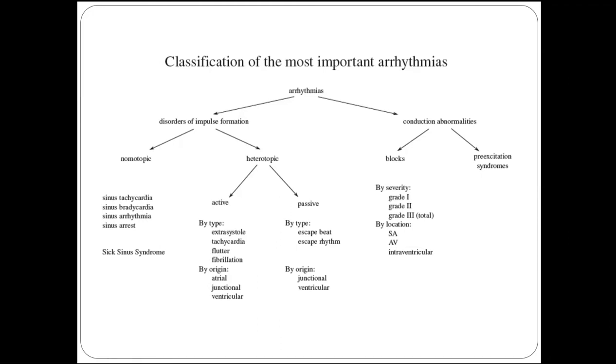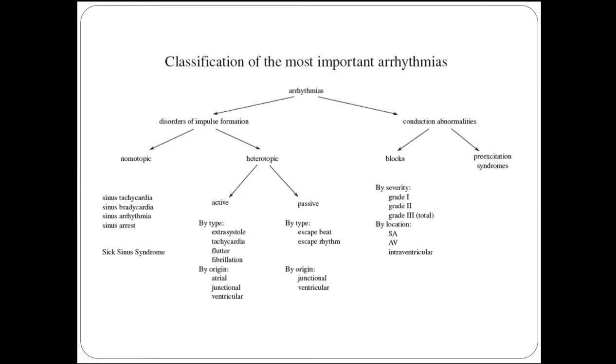So we have disorders of impulse formation, such as heterotopic, when it's not from the sinus, and nomotopic, which goes through the sinus, but we have different types of arrhythmias.